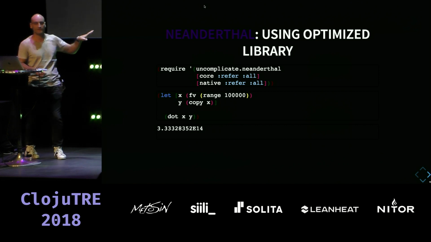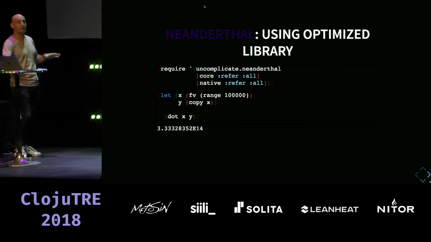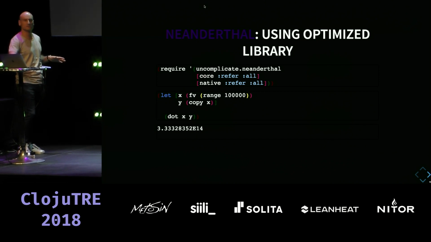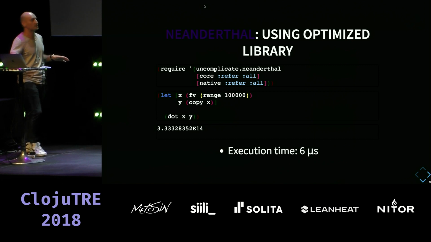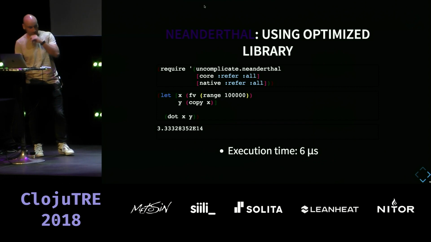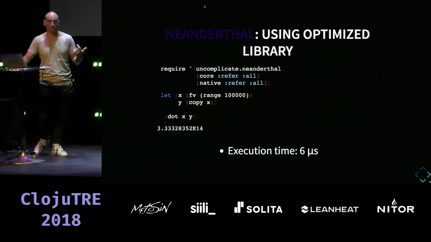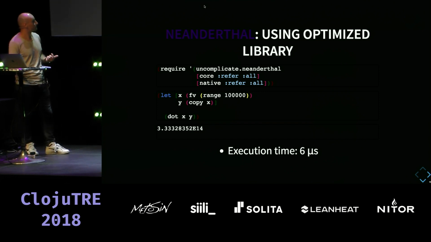So we just call this function over two primitive vectors of the same size. And on my CPU, which is, I think, 4 or 5 years old, it's 6 microseconds for 100,000 elements. So it's 3 orders of magnitude faster than the Clojure version.